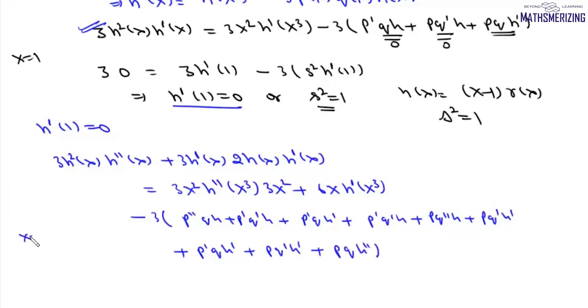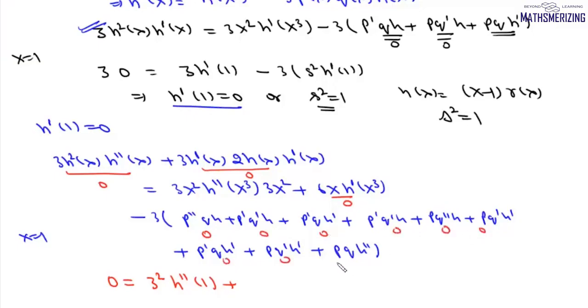Now again if we put x as 1, now H(1) is 0, so it will be 0, H dash 1 is also 0, so it will also be 0. So on the left hand side we'll have this 0. Now here it will be 3 square into H double dash 1. Now since H(1) is 0 and H dash 1 is 0, all these expressions will be 0 except this. So here will be minus 3, and P(1) is s and Q(1) is s, so it will be simply s square into H double dash.